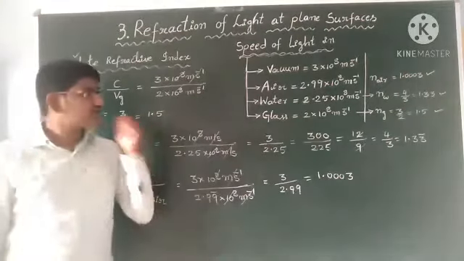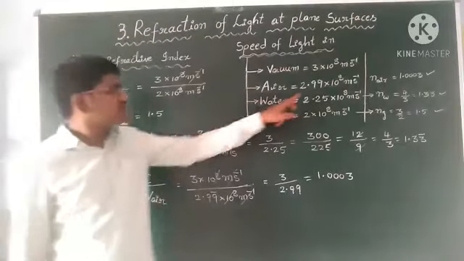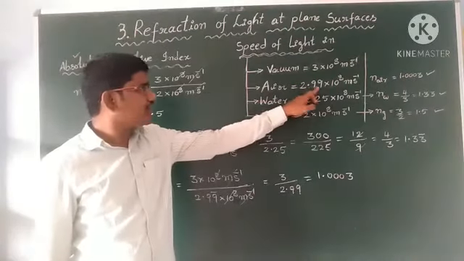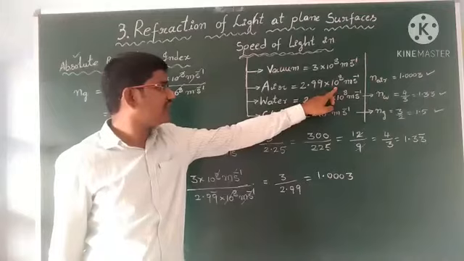So, my dear students, the speed of light in air is 2.99 × 10^8, in water it is 2.25 × 10^8, and in glass it is 2 × 10^8. See here, from air to water to glass, the speed is decreasing, so the refractive index increases. The speed of light in glass is 2 × 10^8 and its refractive index is 1.5.